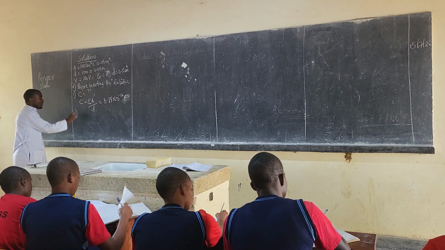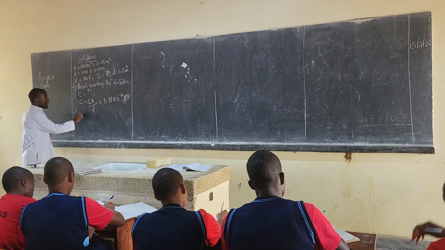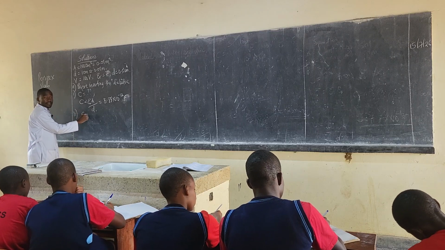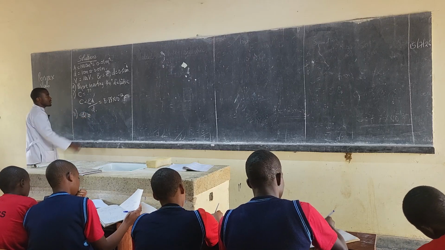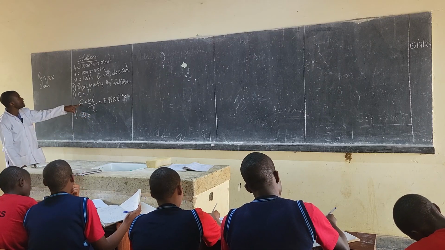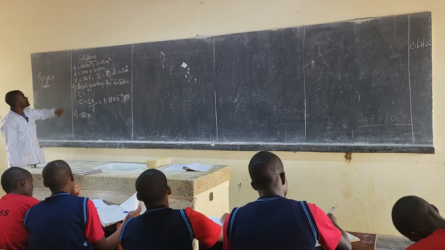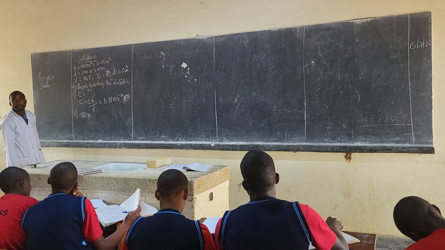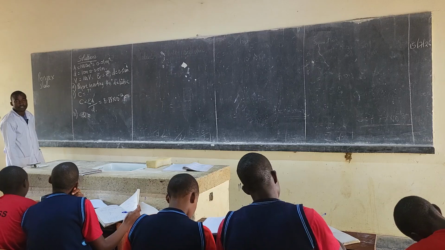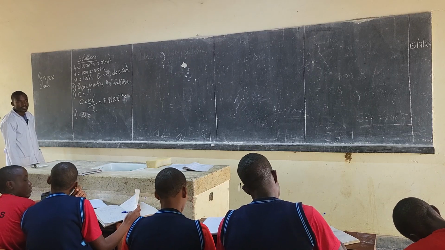Roman 2 is asking for charge. So the charge is going to be, if we know the capacitance C and we know V, can't we get the charge? How do we get it? Q equals CV.